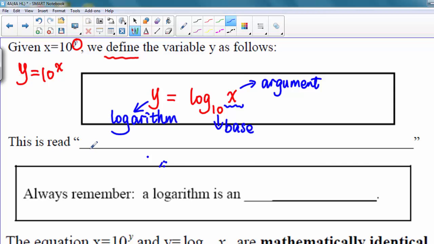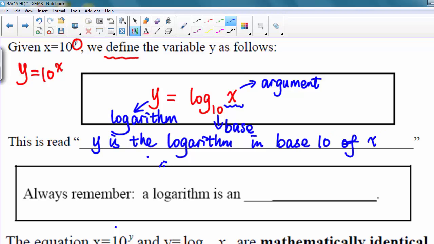So this one is read: y is the logarithm in base 10 of x. Okay, there is a long way to express this one.